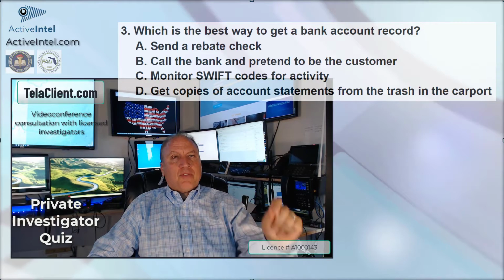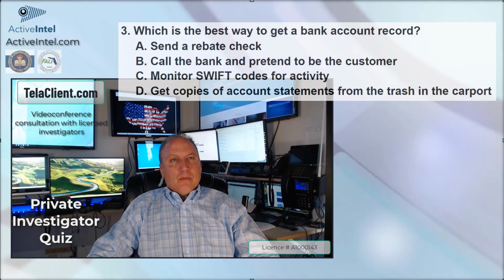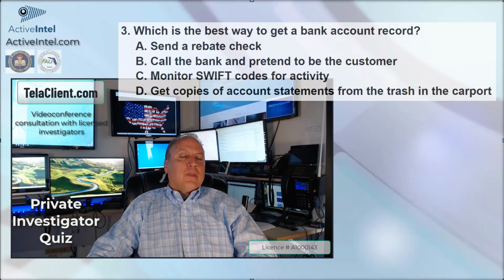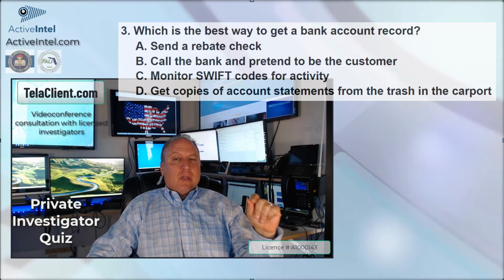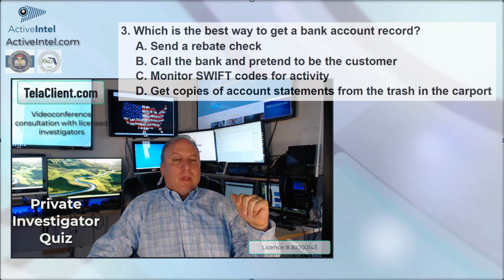Which one do you think is the best way to get a bank account record? A, B, C, or D? Rebate check, call the bank, SWIFT code, trash pull. For this one, the correct answer for best way is C. The reason why is because answer C is typically known as what's called a GLB compliant method.